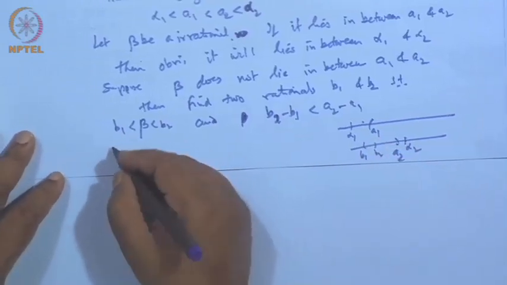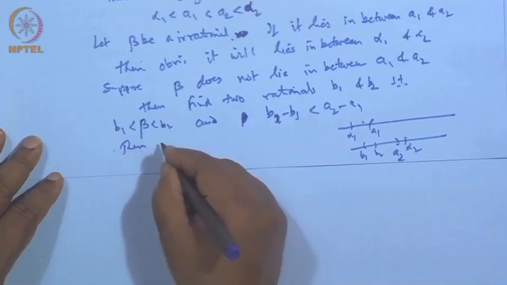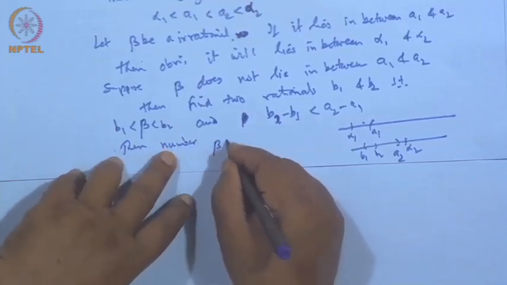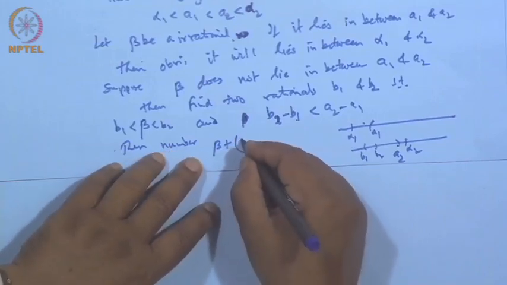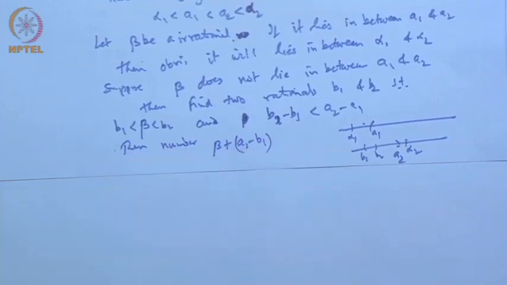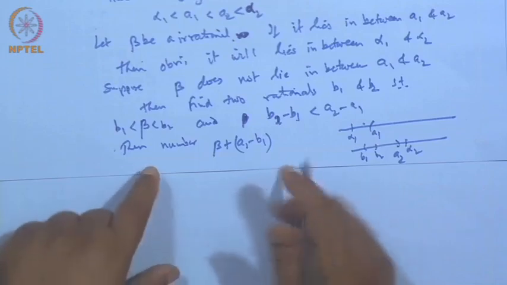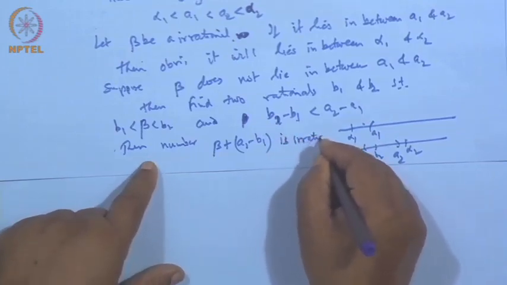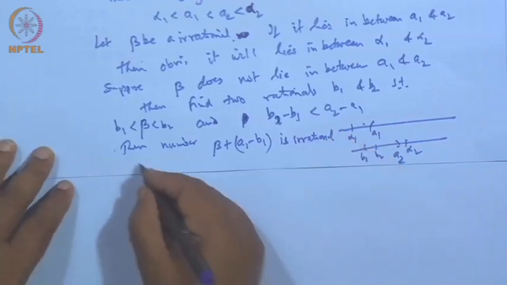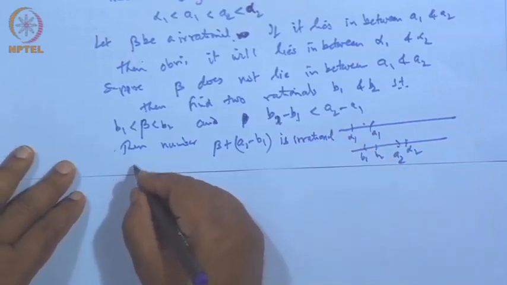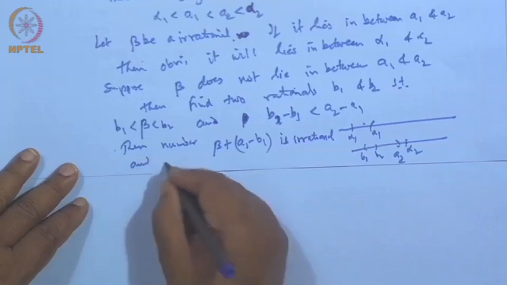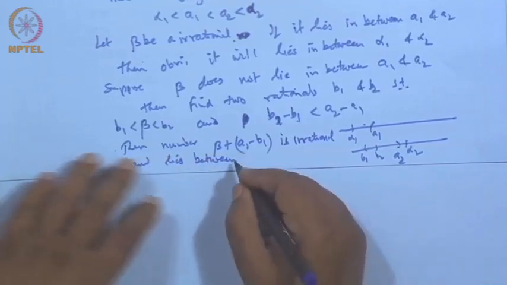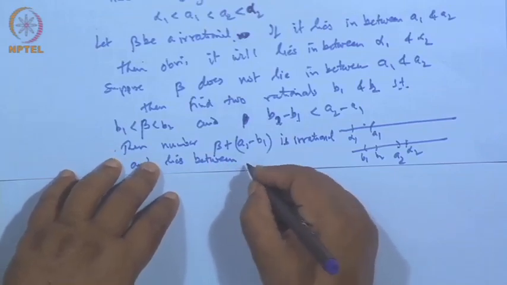Then consider the number beta plus a 1 minus b 1. This number is irrational and lies between a 1 and a 2.